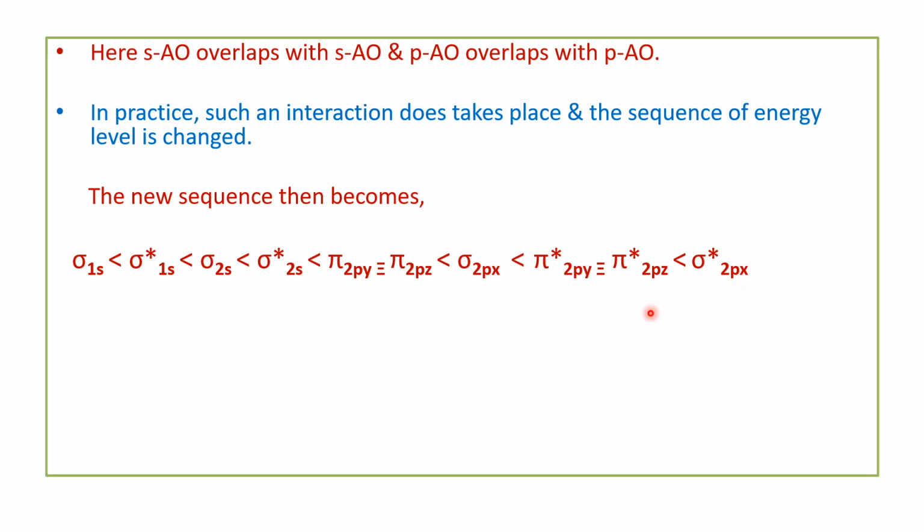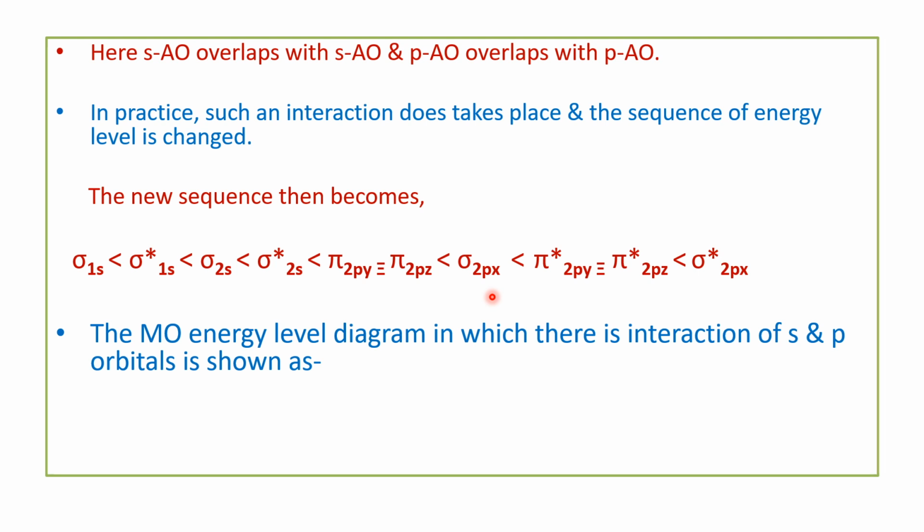So when there is an interaction between the s and the p atomic orbital, the sigma 2px that was earlier over here will be shifted over here, and hence due to this we are having the second diagram. That second diagram is due to the interaction of the s and the p atomic orbital.